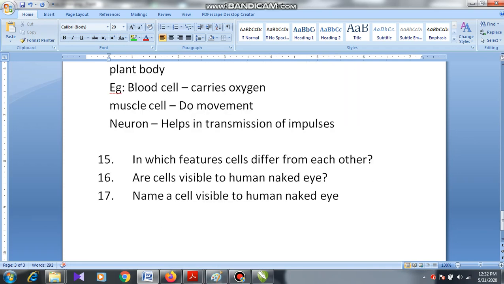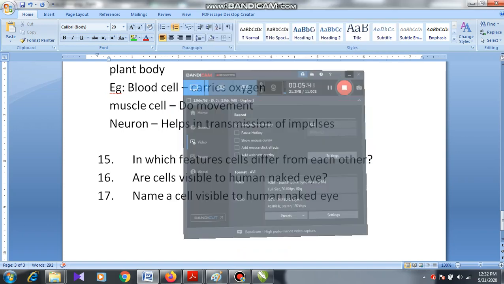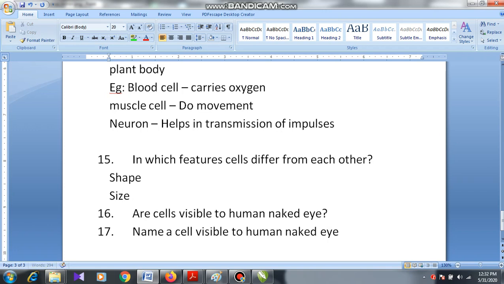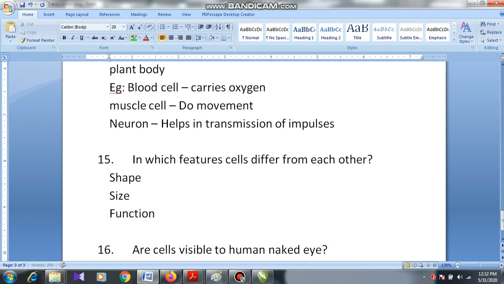Next question: in which features do cells differ from each other? Cells differ from each other in shape, size and function. If you look at a bone cell, it will be in one shape.